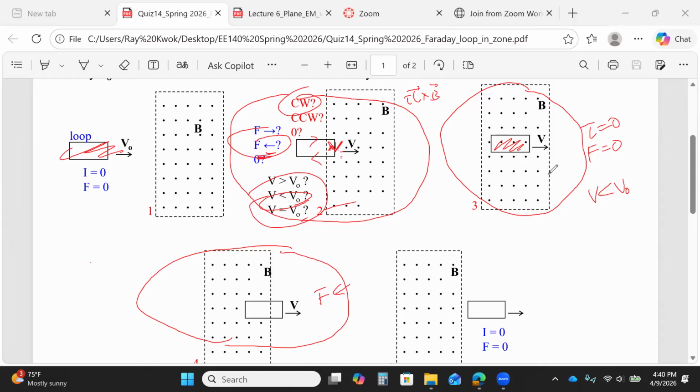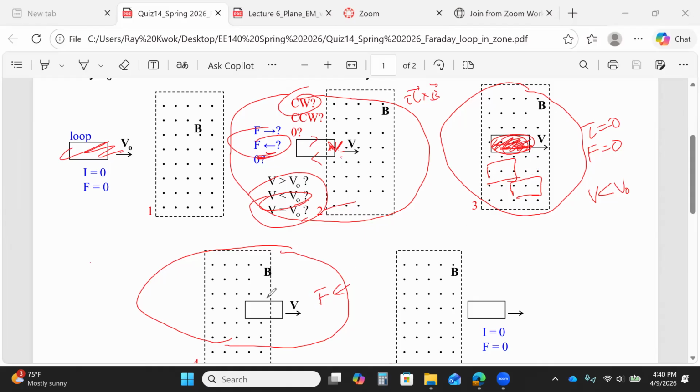There's no current because there's no change in magnetic field, no change in magnetic flux. It's still traveling in here. Like if it's going from here to here, there's no change in flux.